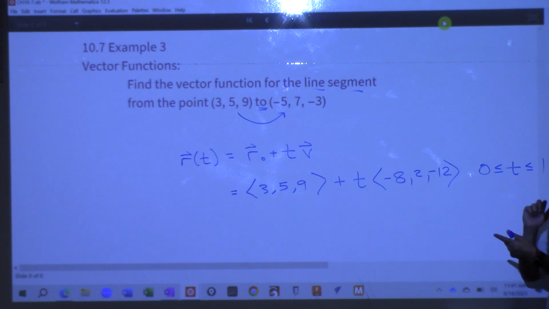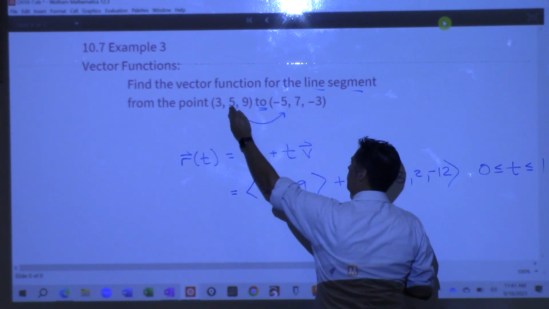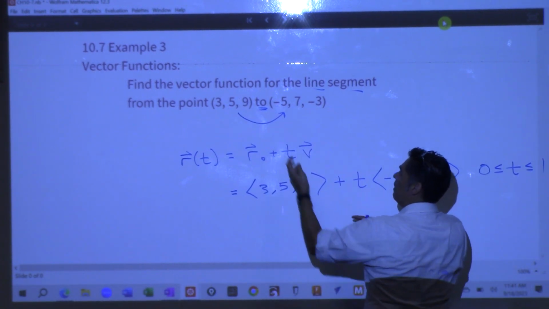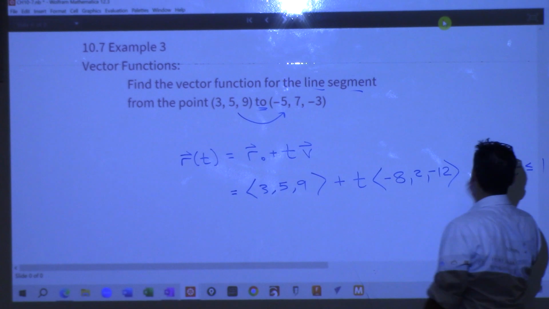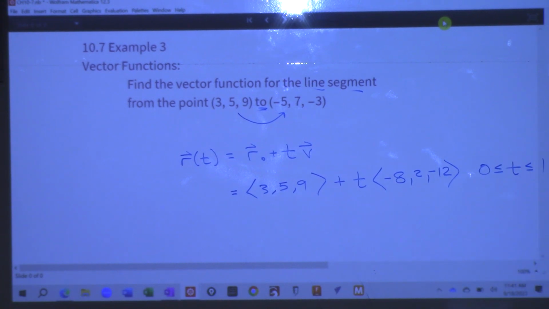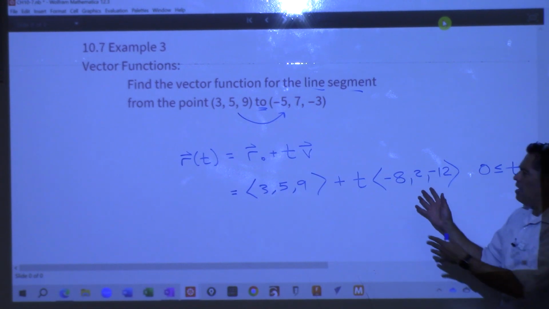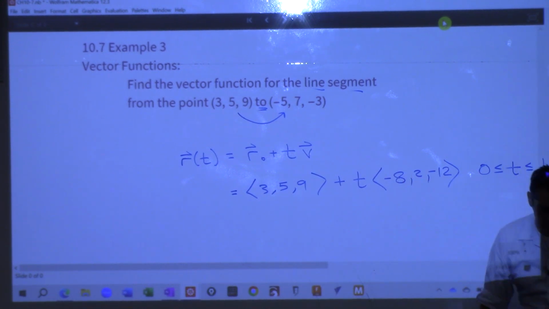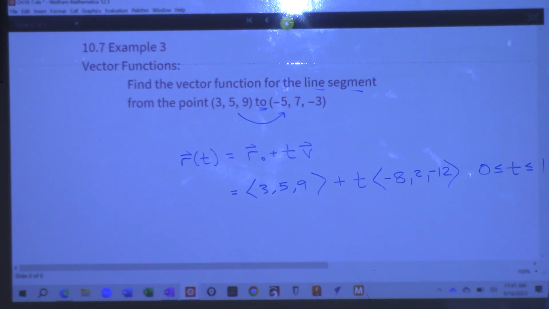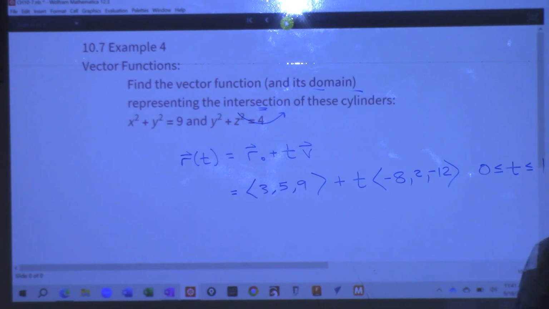Because you've changed your starting initial point. So as long as we all do this the same way, this goes here, the direction vector is the one that goes from here to here, then this will always be 0 to 1. Questions there? I'm not going to clean it up. You could distribute through and put them together, right? Okay. All right.